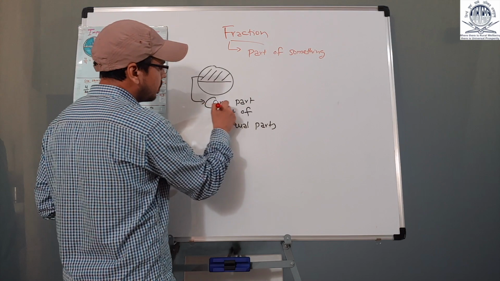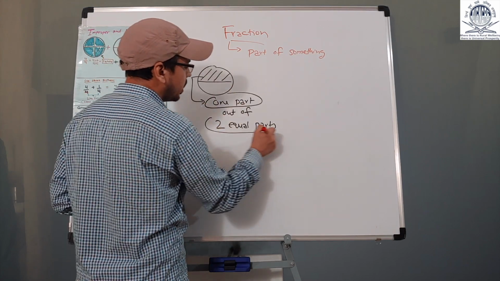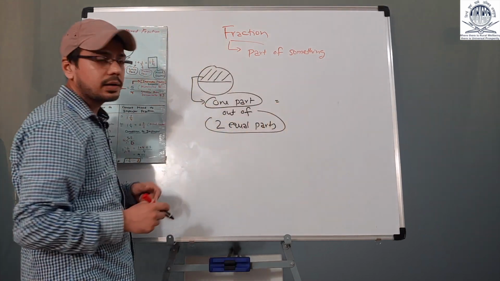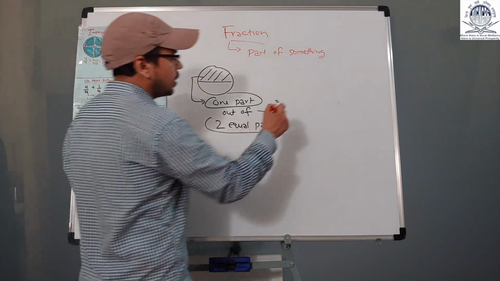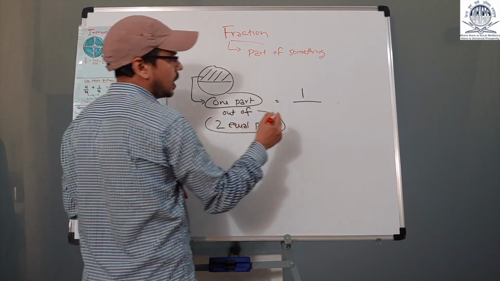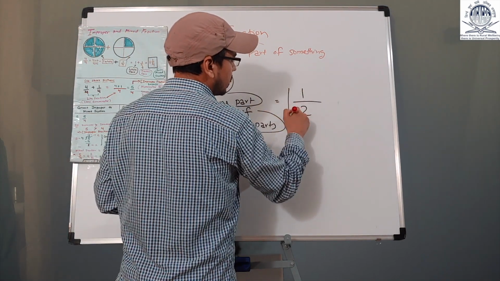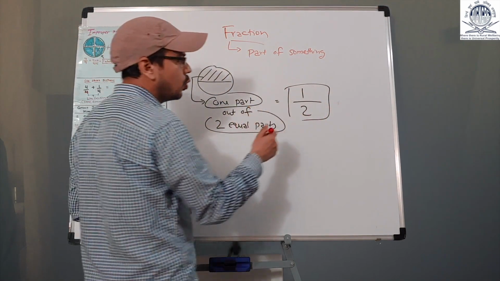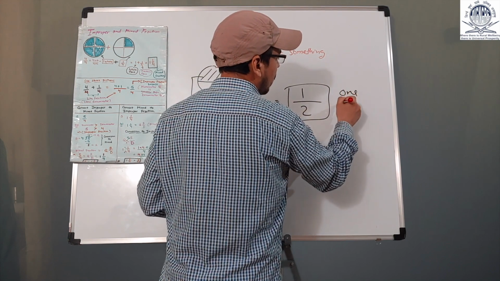Now, how do I want to represent one part out of two equal parts? I'll put the selected portion at top, that is 1, and the total number of portions at bottom, this is 2, and this is also known as 1 half.